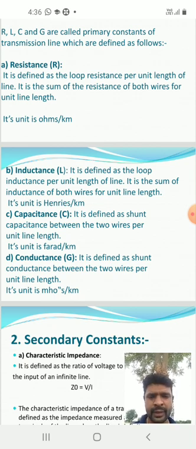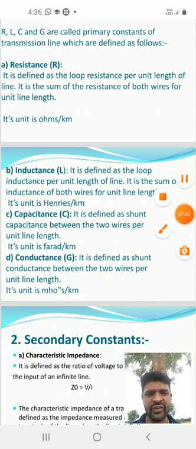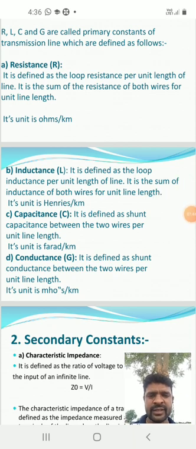D, conductance. It is indicated by G. It is defined as shunt conductance between the two wires for unit line length. That means in a transmission line equivalent circuit diagram, conductance is a shunt or parallel connection.